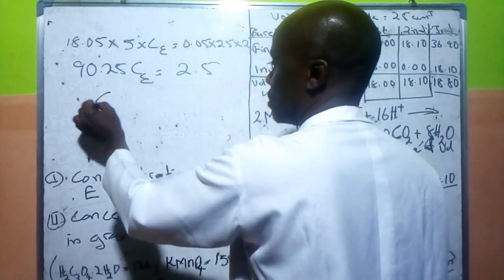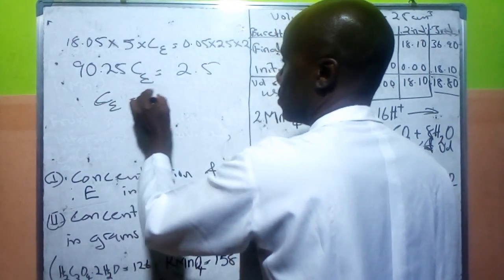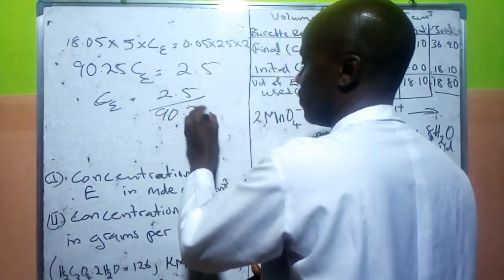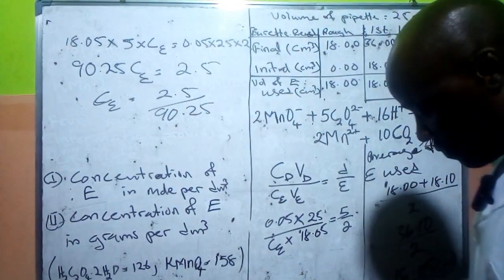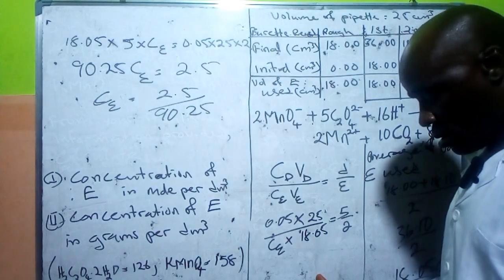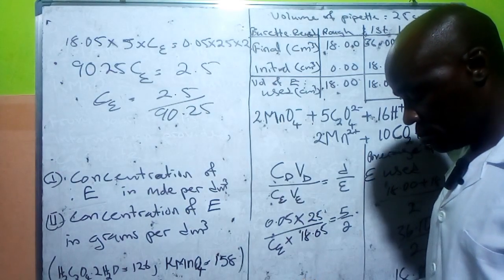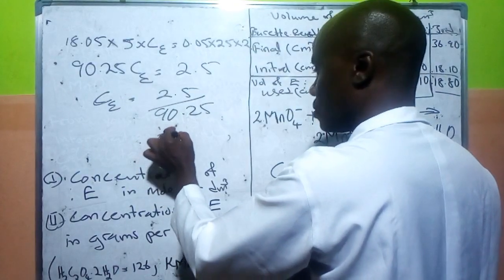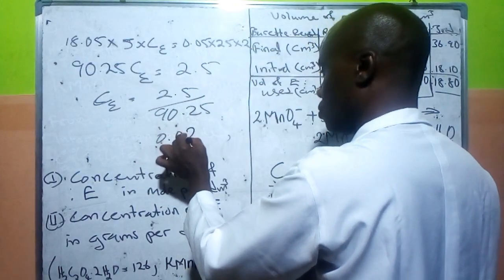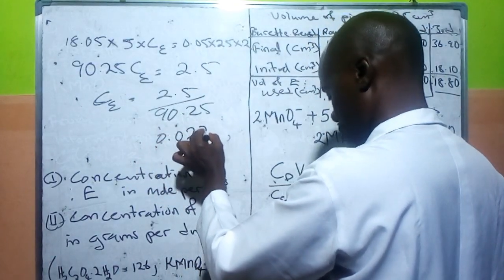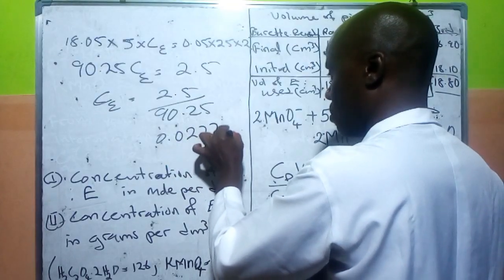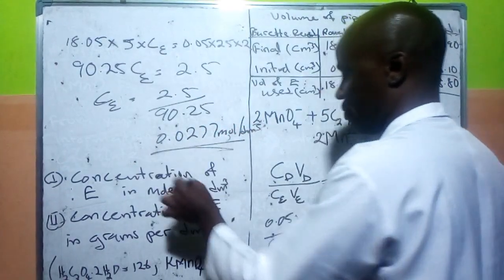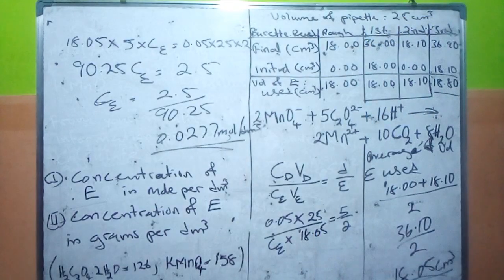So CE will then be 25.5 over 90.25. So what we divide through? 90. What we have is 0.0277 mole per dm cube. That is what we have per dm cube.